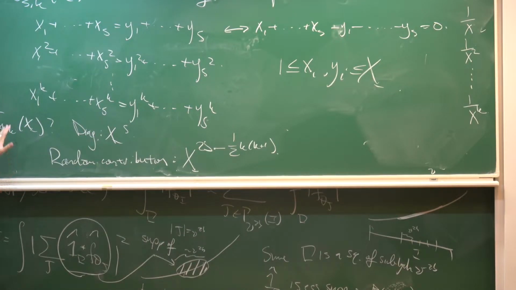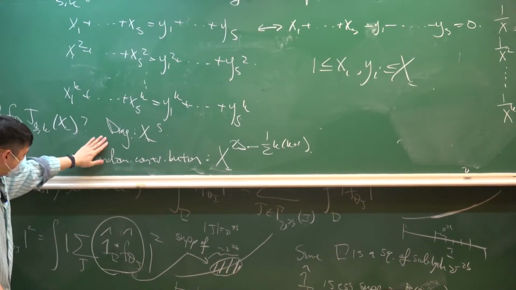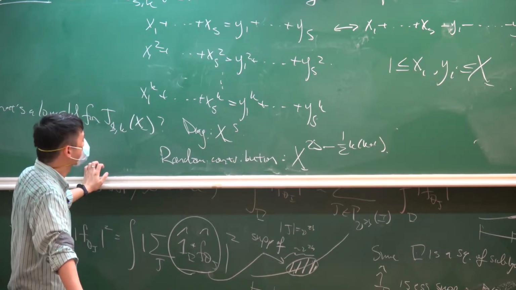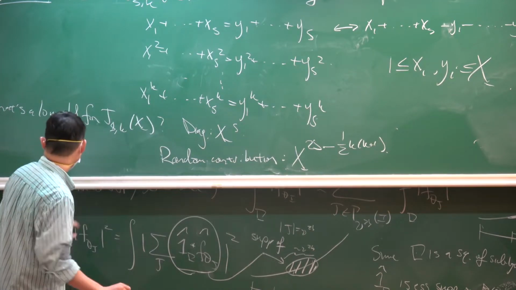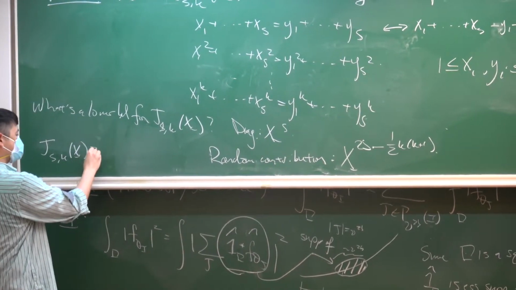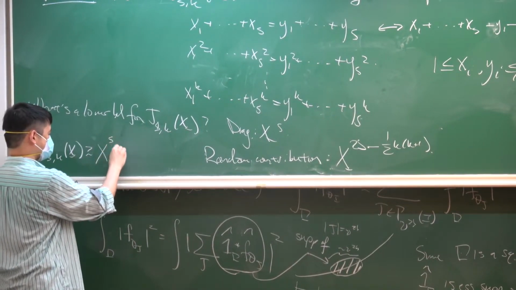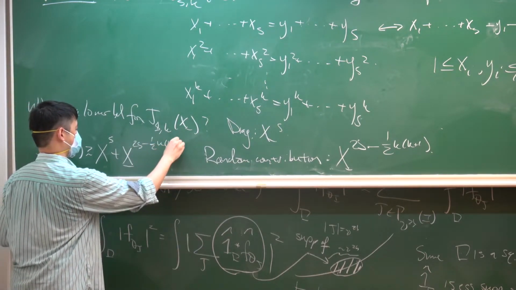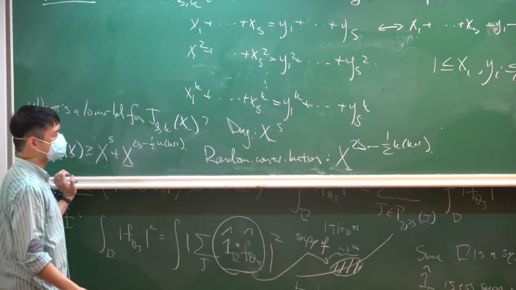There are going to be 2 contributions, one from the diagonal and one from this random heuristic. Great. So the lower bound is that Jsk of x is at least x to the s plus x to the 2s minus half k times k plus 1.